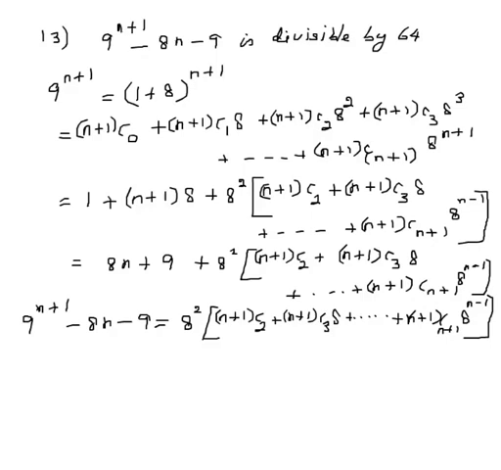Here we have 8 square, which is 64. Therefore, I can say that this expression is divisible by 64. Therefore, 9 raised to n plus 1 minus 8n minus 9 is divisible by 64.